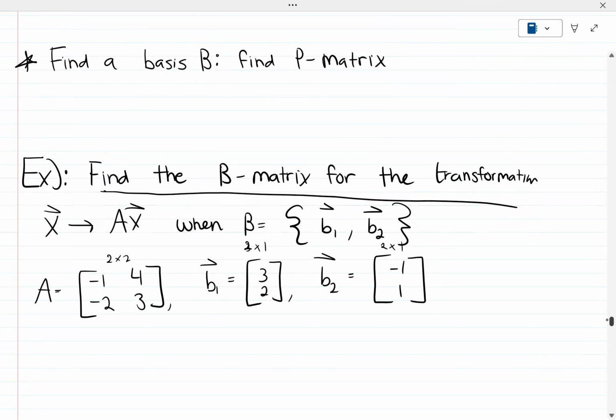So what we're going to do is find the B matrix of this transformation. We know we're going to use this: T transpose to B is equal to P inverse of AP.